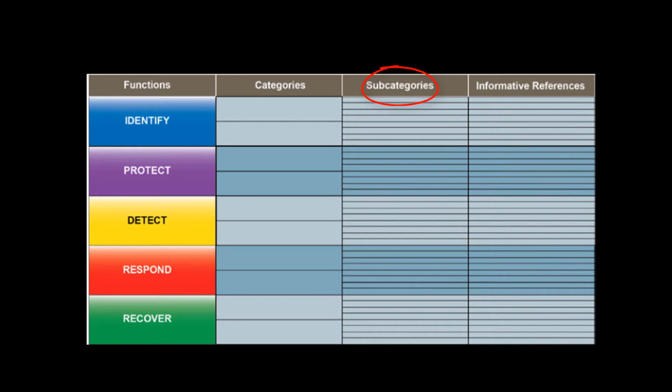And then on the far right column, there are references that provide kind of industry standards for trying to secure and think about the risk related to these functions, categories, and subcategories. The references will be things like an ISO, an International Organization for Standardization standard, or COBIT, which is a standard that's widely used in the computer security industry.